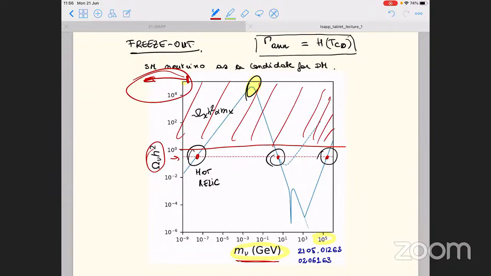Now, what drives this maximum there is essentially the dependence of your annihilation cross section as a function of the mass of your dark matter versus the temperature in the universe. So, if you want, essentially here, I'm driven by the idea that dark matter decouples chemically while still relativistic.